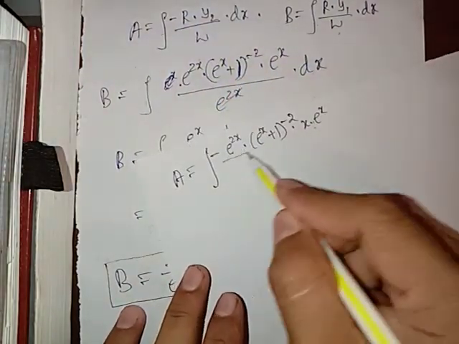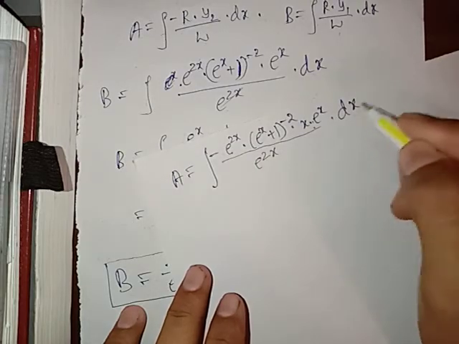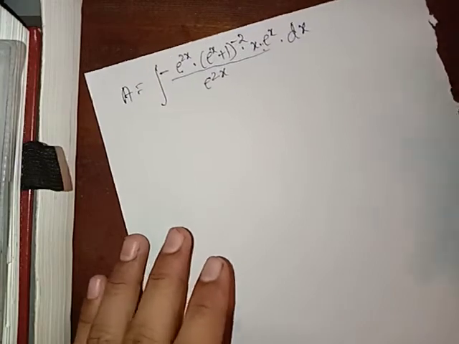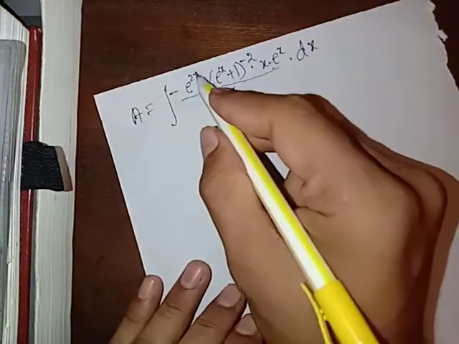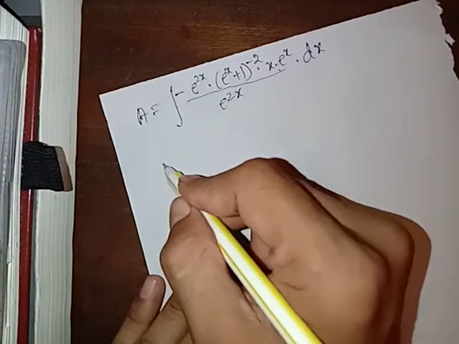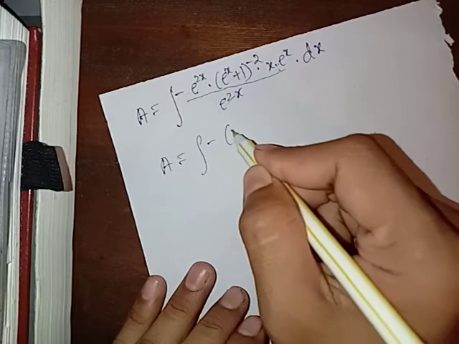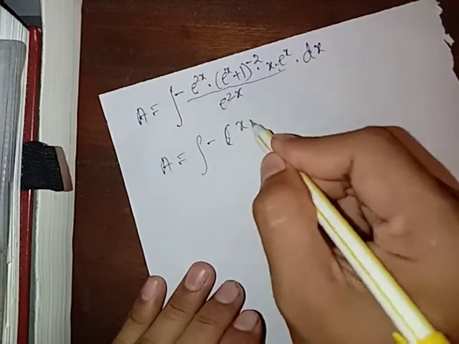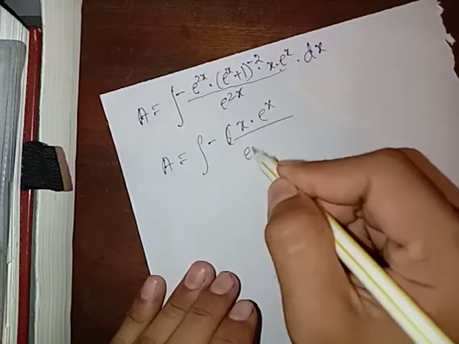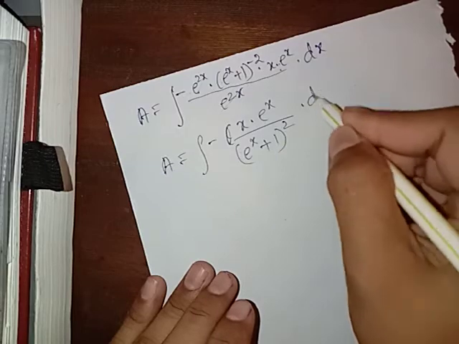W means exponential of 2x into dx. With respect to dx, we have to integrate it. Now this we can cancel out. Now we get a is equal to minus the integral of x into exponential of x divided by exponential of x plus 1 squared into dx.